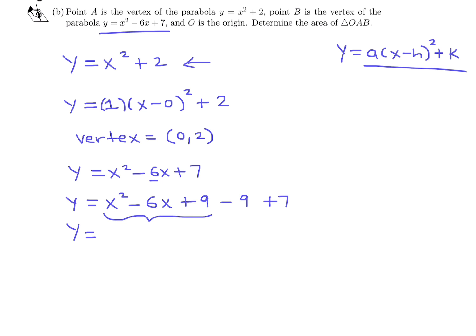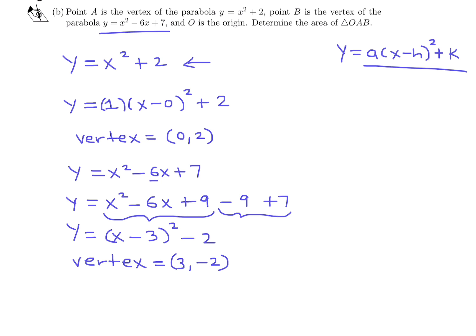That allows you to factor those first three terms, and in this case it's (x - 3)². And then those two combine to give -2. So the vertex in this case is (3, -2).